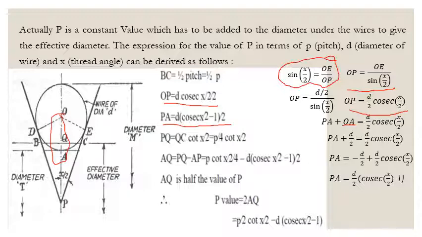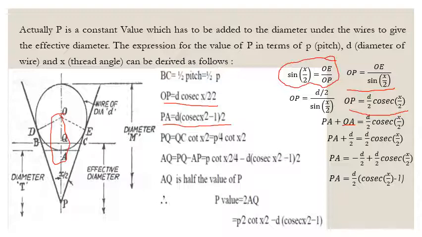And now we'll move to the PQ. PQ is equal to QC into cot x by 2, because x by 2 is here and the right angle is at PQC. So tan of x by 2 is equal to opposite by adjacent.